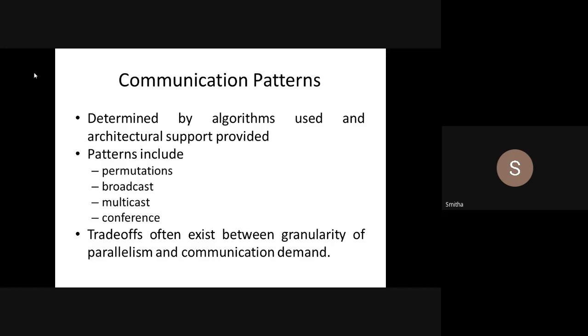Next, what type of communication patterns can we have? They are determined by the algorithms used and the architectural support provided. How will we determine which communication pattern we want to use? That will be determined by which type of algorithm we are going to use, and the hardware support.